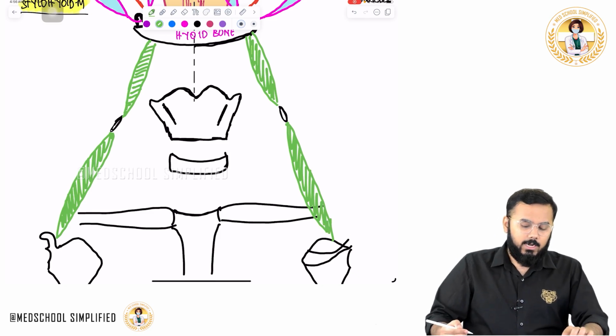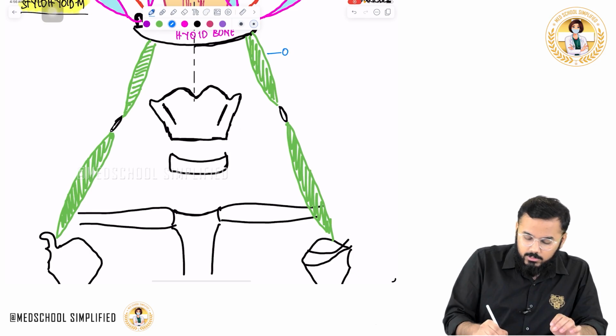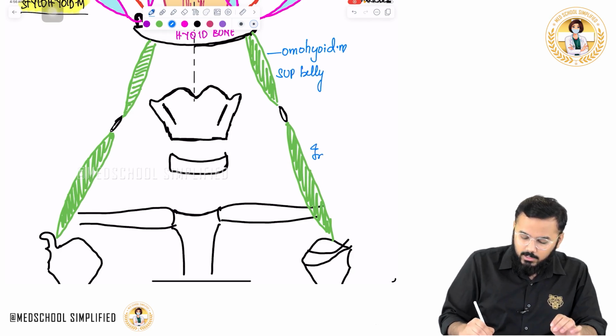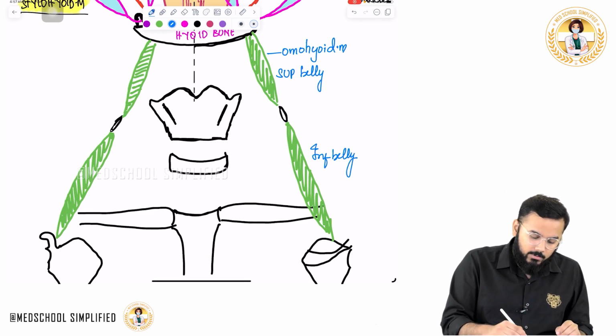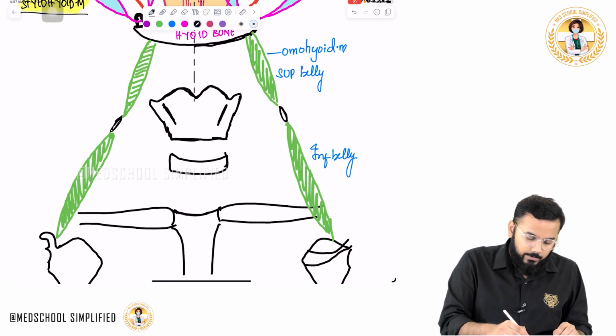So what is the name of this muscle? This muscle is called your omohyoid muscle. The omohyoid muscle has a superior belly as well as an inferior belly. Now after this omohyoid muscle, the next important muscle, look here.